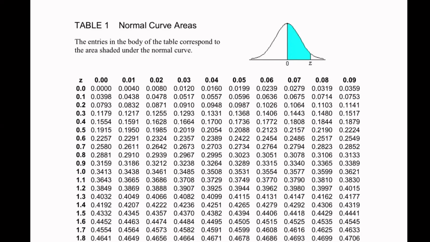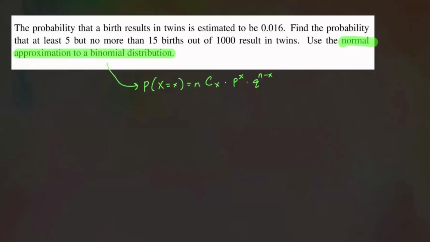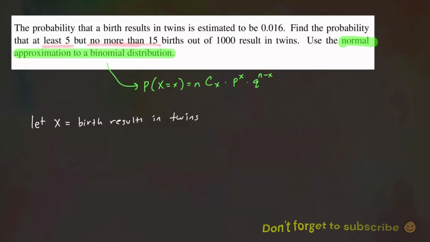Okay, so let's go back to the question. So let x represent, that is our normal variable. So x is going to represent births that result in twins, because that is our event. And we're interested in what is the probability that at least 5, but no more than 15 births out of the 1,000.